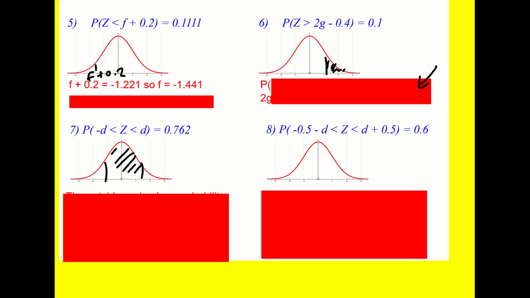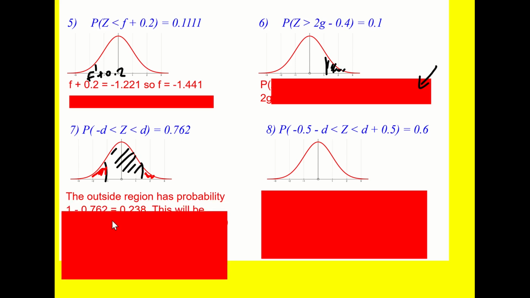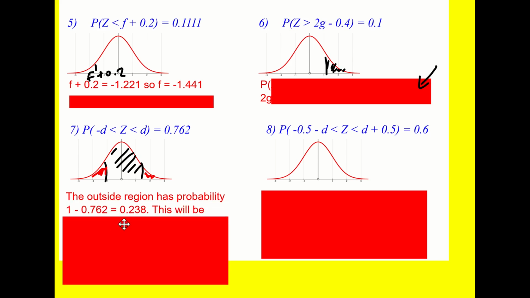Now we've got to remember that because this is symmetrical, this little red region is going to equal this little red region. And so the first thing to do is find out that little red region, and that's going to be 1 minus 0.762. The outside region has this probability.